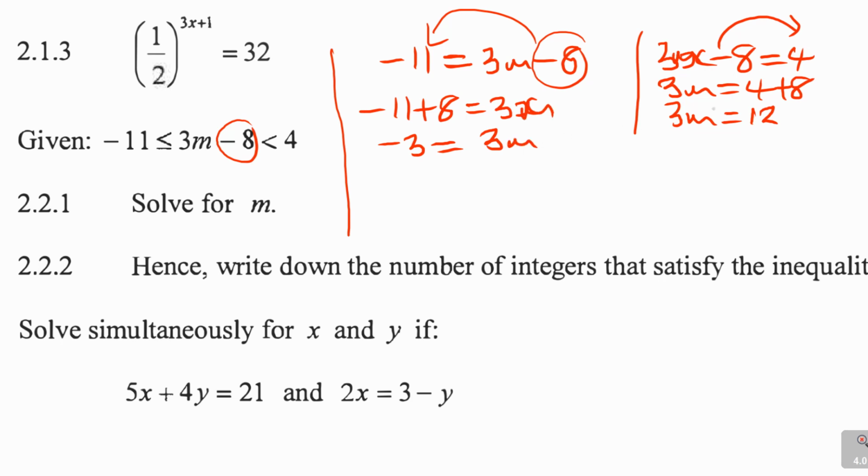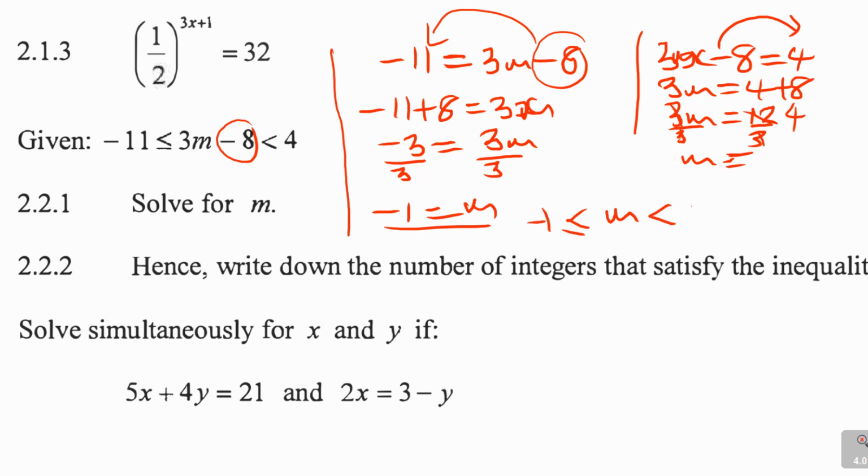Do you see 3m? So what you do, you divide by 3 here, so you've got minus 1 is equal to m. Then here you divide by 3 again, so you've got m is equal to 4. Then remember, m was in the center and your signs were like this. So it's minus 1, and then you've got 4.